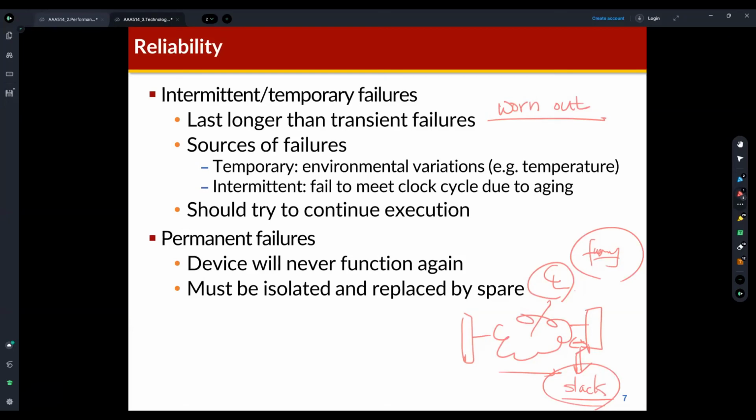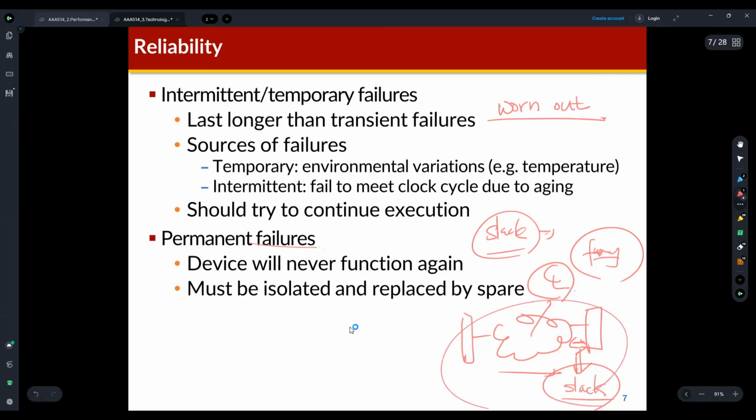If we use this processor for a very long time, the slack decreases because the delay of the combinational logic increases. If the slack becomes a negative value, then the circuit will generate an incorrect result. So this is called permanent failures.